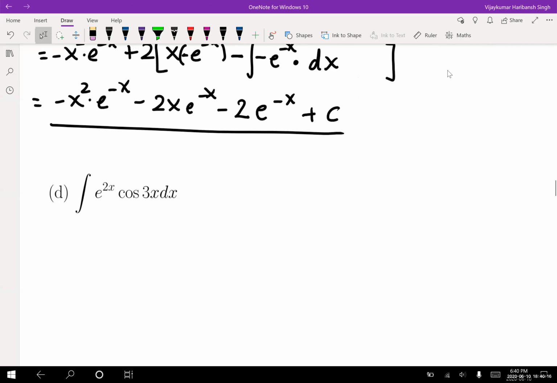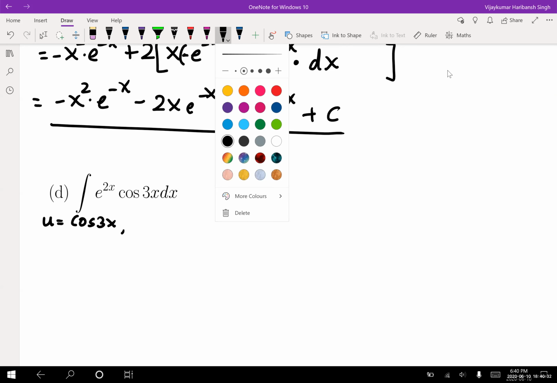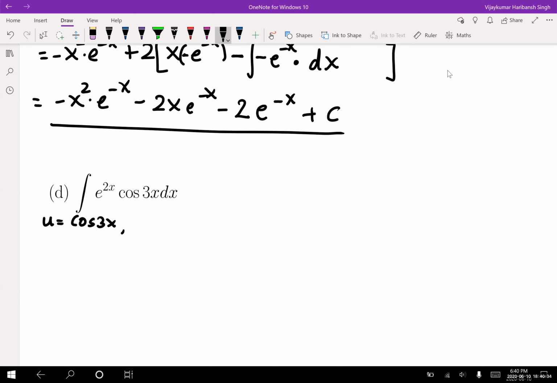So again, in this case, you have u equals to, again, which one will you choose? Cos 3x, and your dv is e to the power 2x dx.